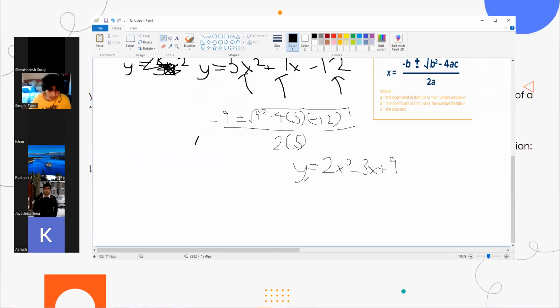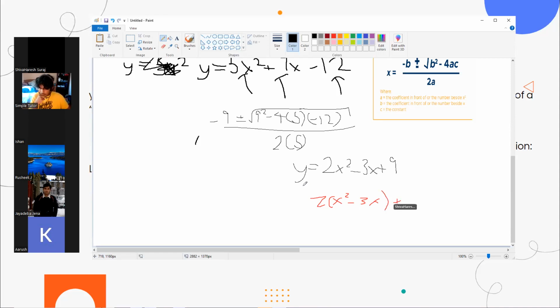I didn't use the quadratic formula, but I did use something, I forgot what it was called. I did this, I believe.